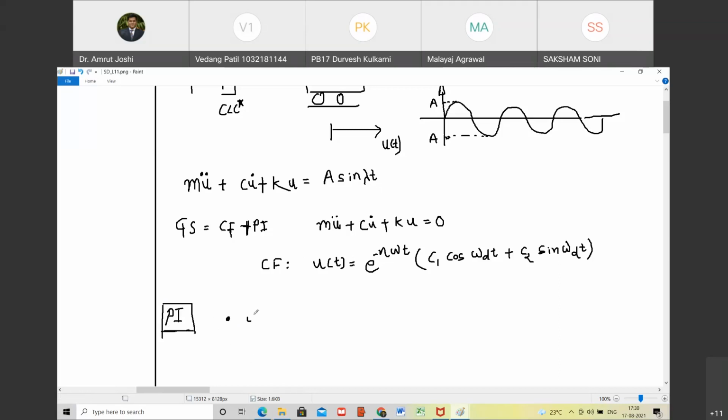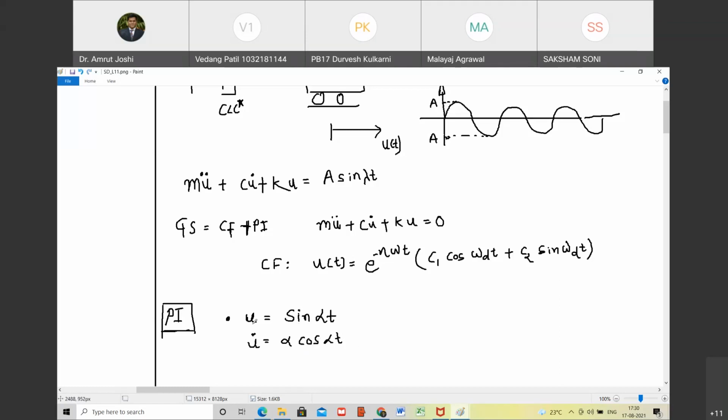So if I choose u as some function sine kt, no, not kt, let me call it sine alpha t. So what is u dot? Alpha cos alpha t.